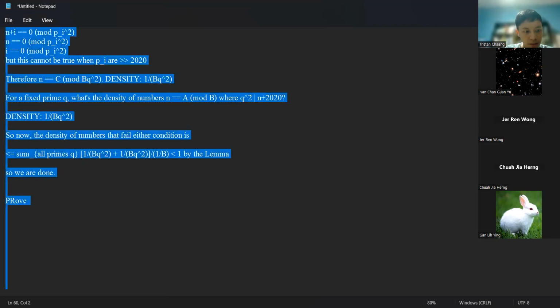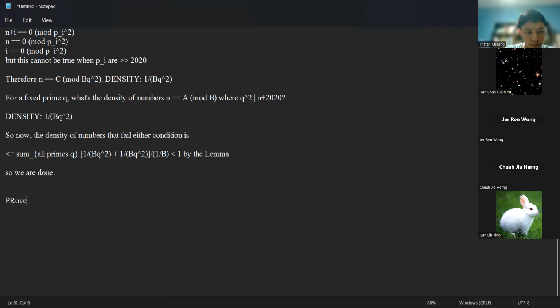Prove that there is a constant C greater than 0 with the following property.